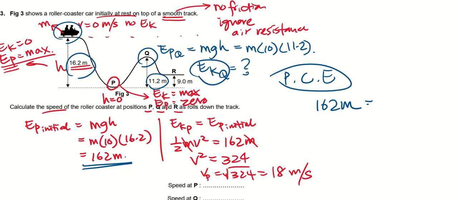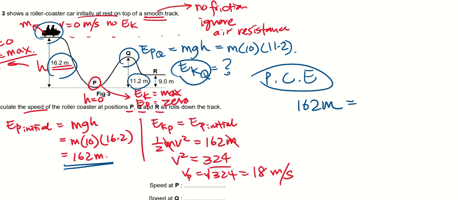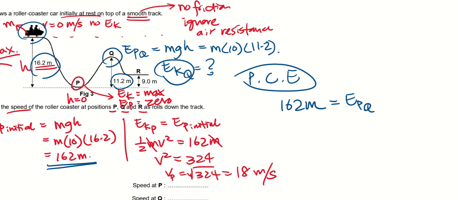Now applying principle of conservation of energy, this must be equals to the total energy at Q, which consists of EPQ because it has height, and EKQ.